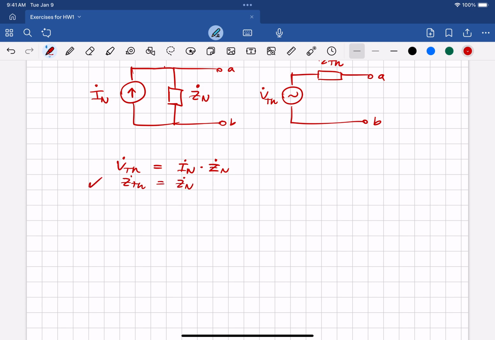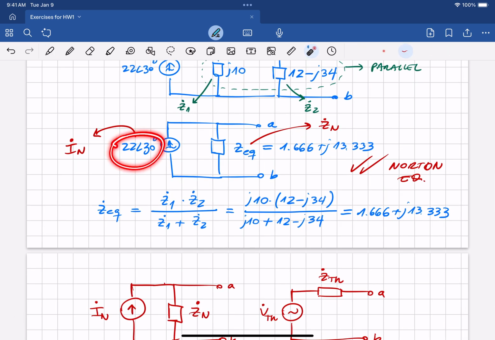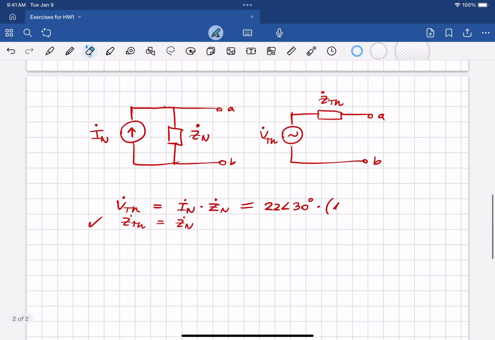So this is ready. The only thing that we need to do here is to calculate this multiplication. So this would be 22 angle 30, which is the Norton current, this one, times this impedance. That impedance would be 1.666 plus J13.333.